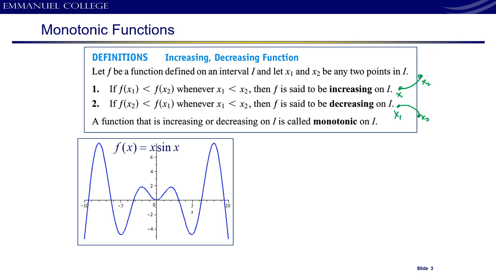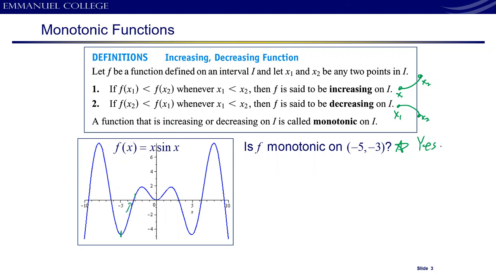So like if you take this function, x times sine of x, is it monotonic from -5 to -3? I'm just going to mark each one of these with a color. So here's -5, -4, there's -3. So is it monotonic? Yes.